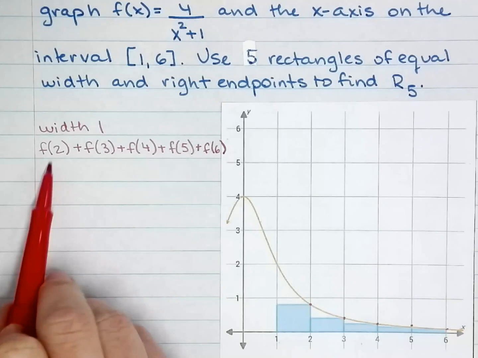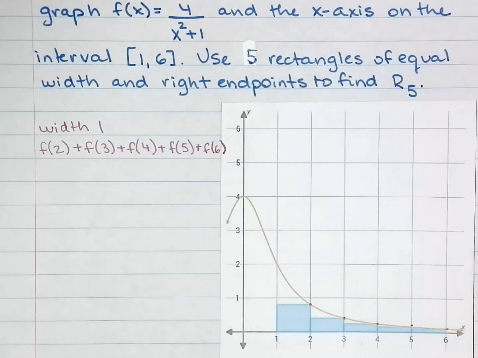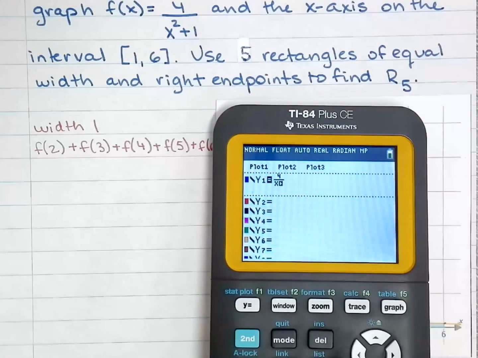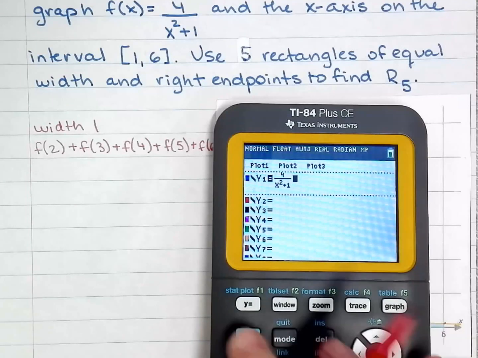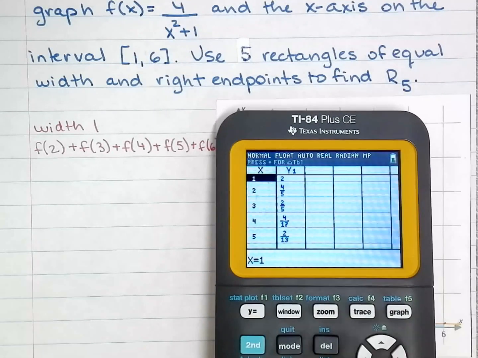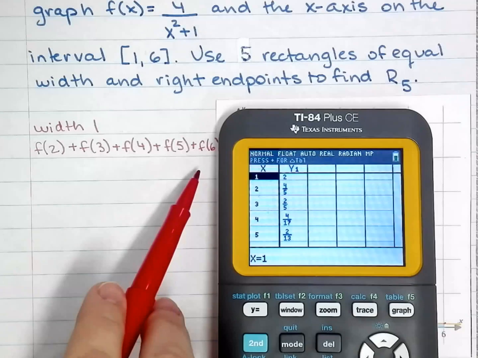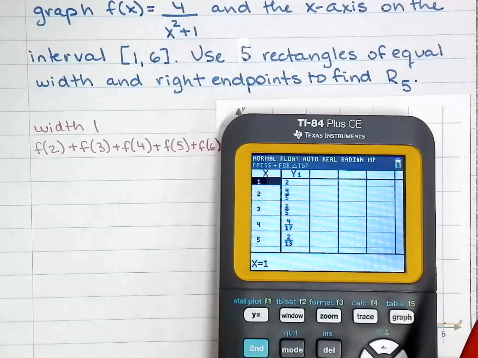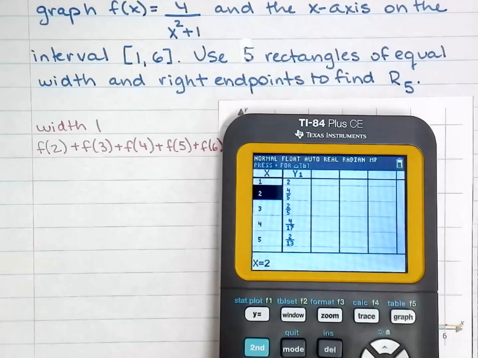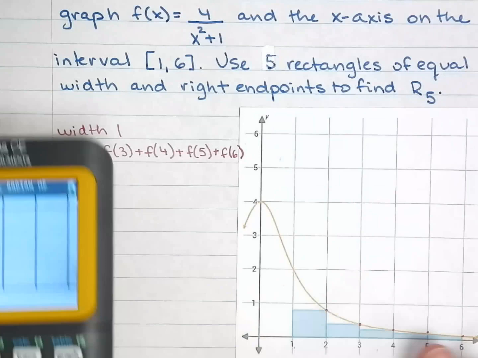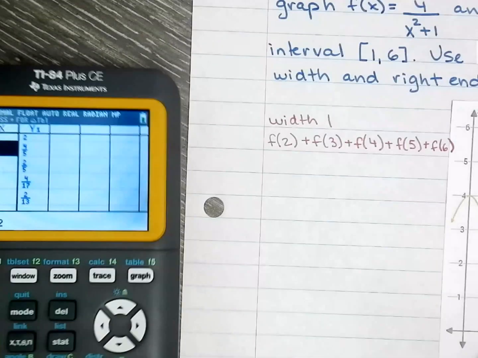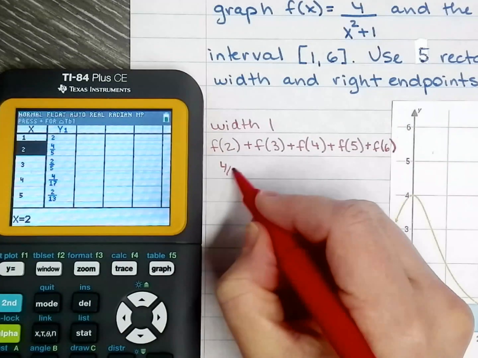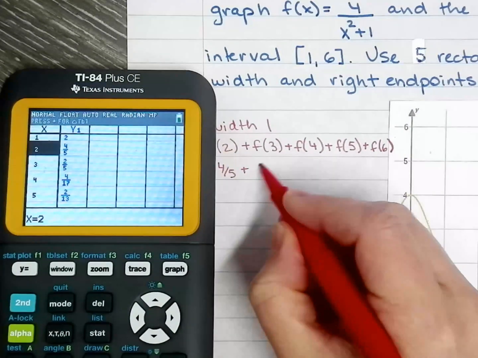So here we go. You have 2 ways to go about this. One, you can just put it in the calculator and find the y values that you actually need. Or you can just do it by hand, either way. So right here, f of 2 is 4/5, and then 2/5.